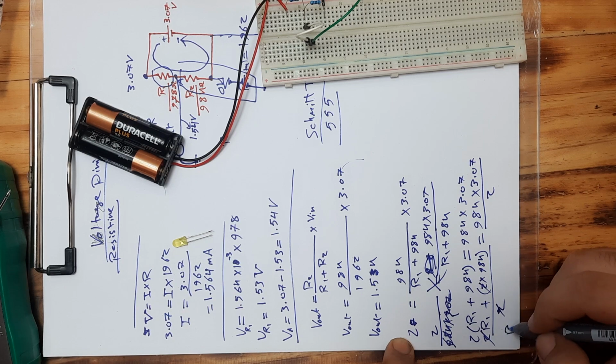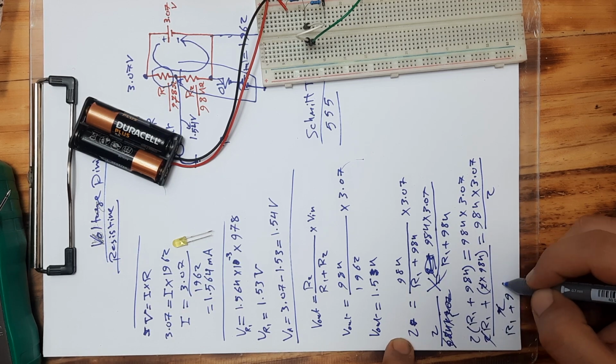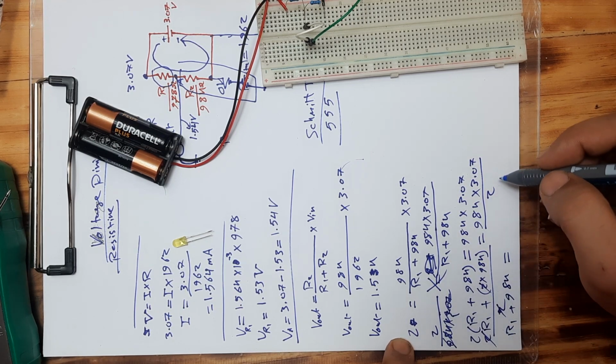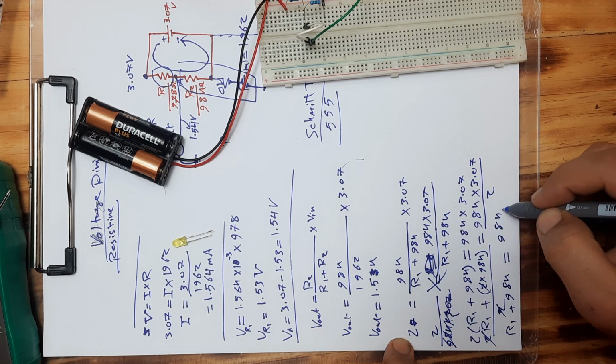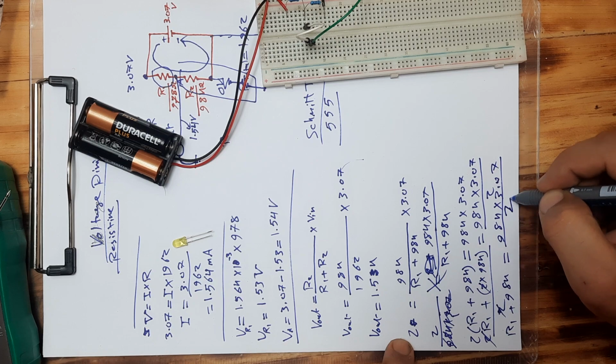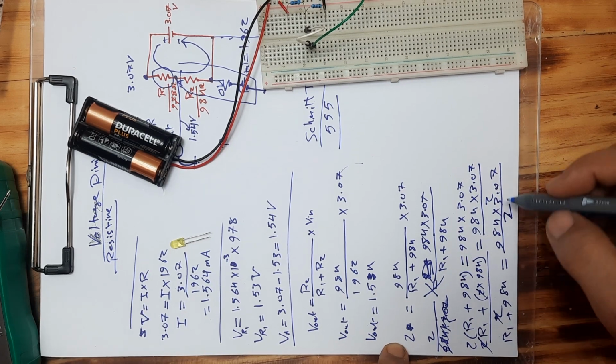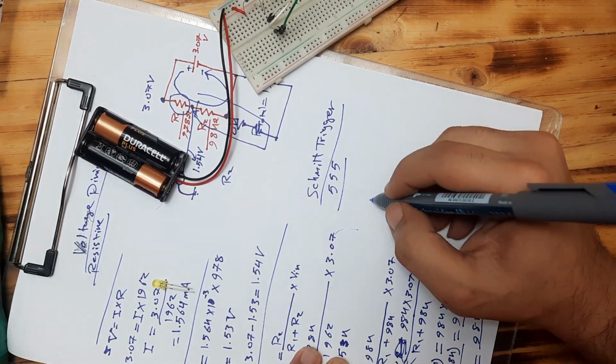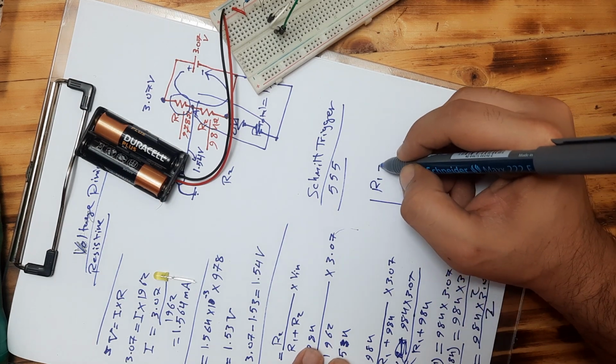So we'll have R1 plus 984 equals 984 times 3.07 divided by 2.